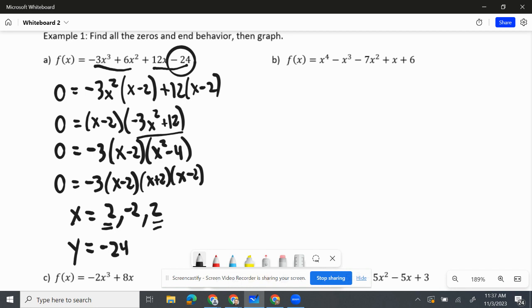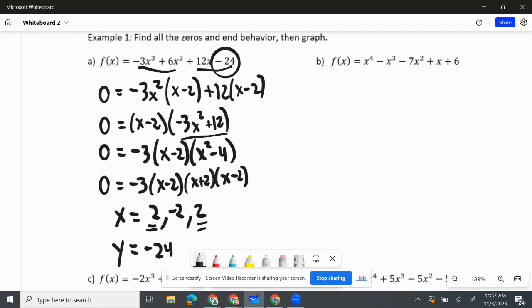Now we're going to look at our end behavior. How we solve the end behavior is we write as x approaches negative infinity, and then as x approaches positive infinity. Now, x approaching negative infinity means what's happening on the left side of the graph. X approaching positive infinity means what's happening on the right-hand side of the graph.